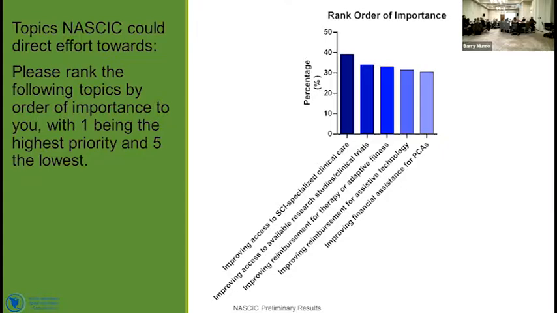This brings back the point of policy. Improving reimbursement for therapy or adaptive fitness, improving reimbursement for assistive technology, and improving financial assistance for PCAs, personal care attendants. All 3 of those are going to take policy changes in all of our different countries to really have good impact on that. And some people are working on those areas. And collectively, we can actually start to help each other, I think.